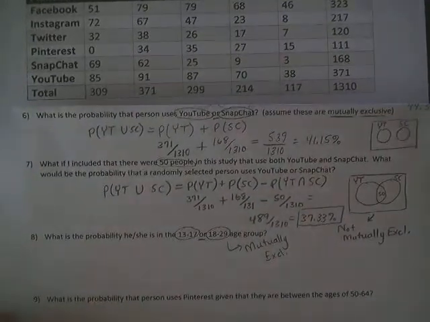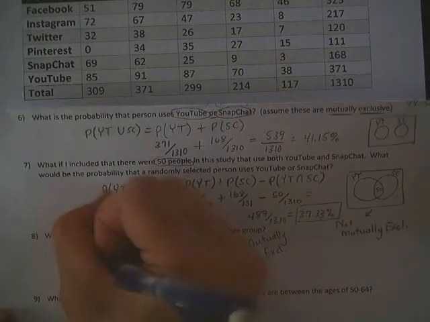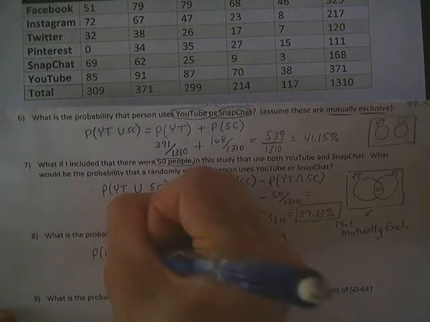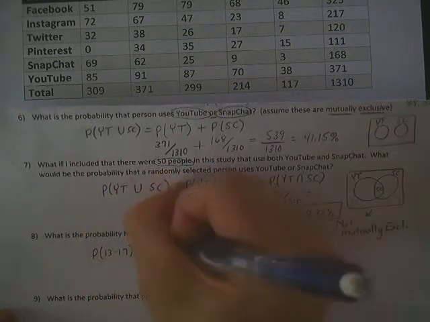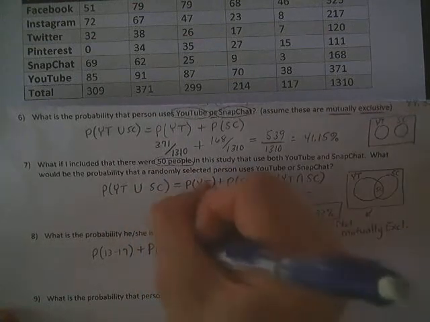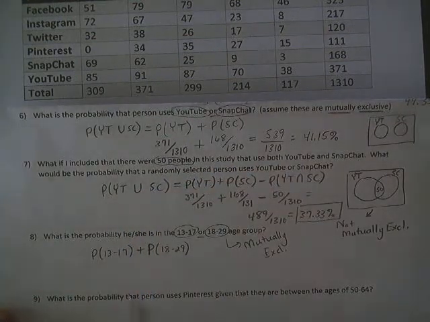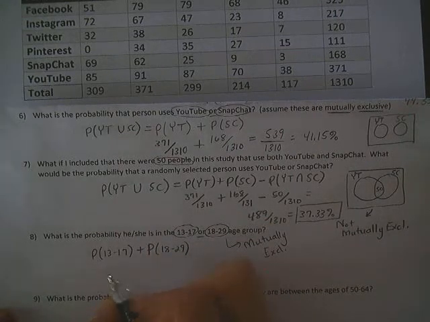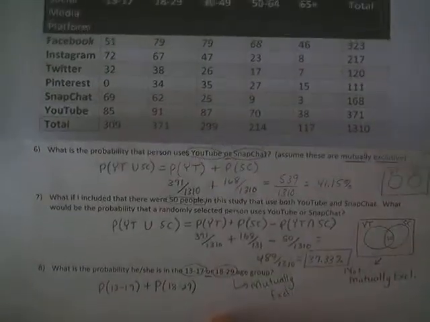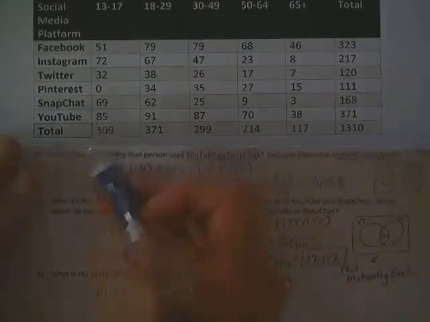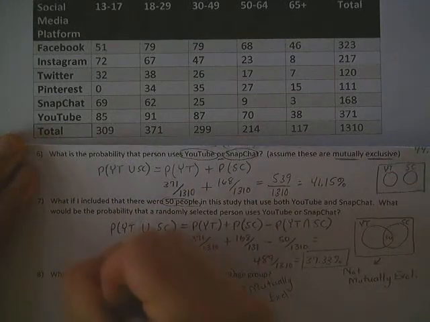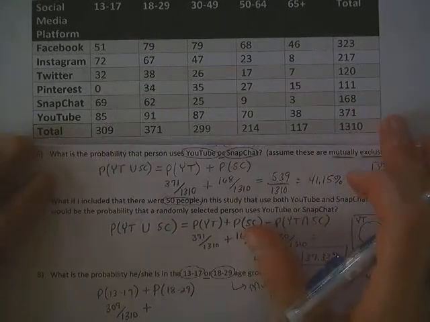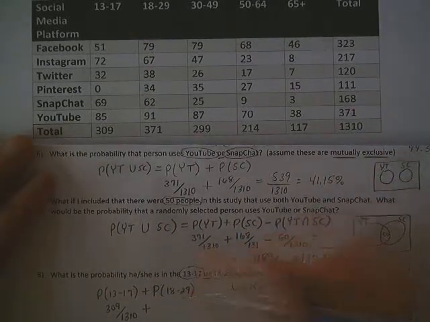Okay, and so you just have to add the probability of each. So it'd be the probability that they're in the 13 to 17 age group plus the probability that they're in the 18 to 29 age group. All right. And this is the same type of problem. It's a union problem. All right. So figure it out. What percentage of people are in the 13 to 17 year age group? Well, there's 309 out of the 1310. Plus the probability I'd get somebody in the 18 to 29 age group.